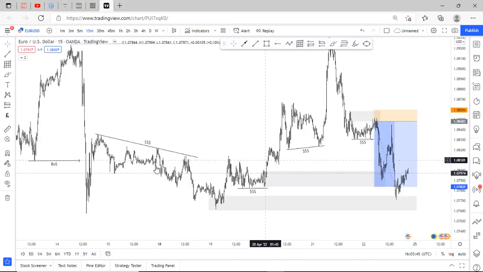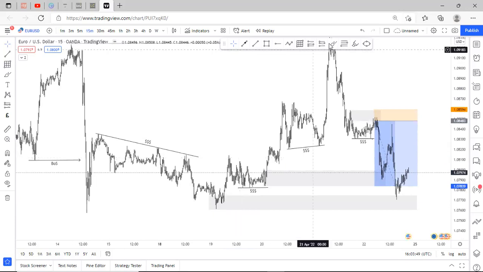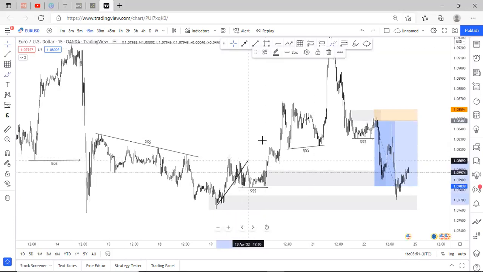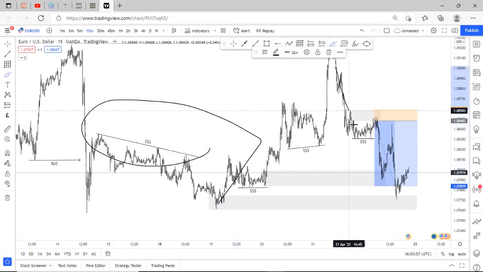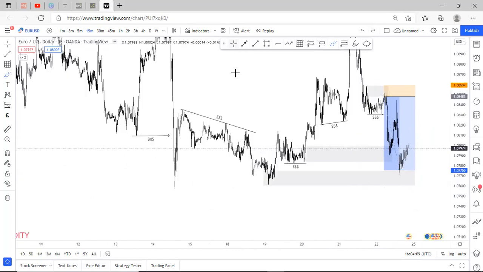You want to be trading towards the liquidity to join the institutions to grab such liquidity. If you are selling from here, you've cited this liquidity, you want to join the institutions to sell down and make profit. So this is the concept of liquidity in the market.